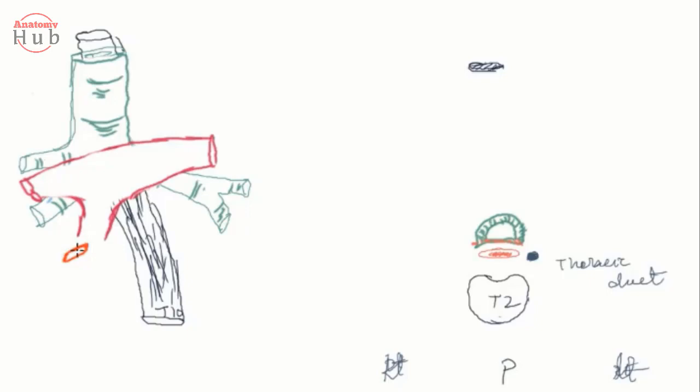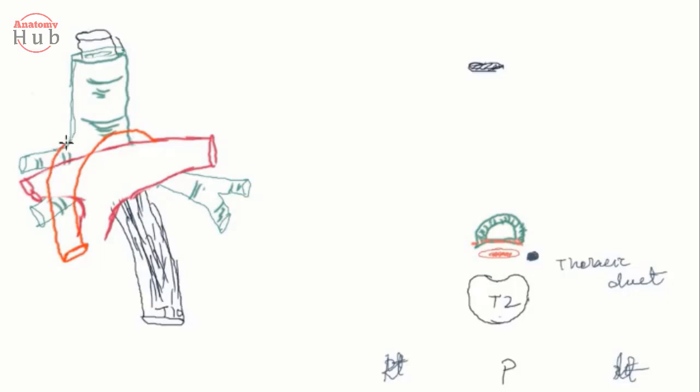And this ascending aorta ascends upward in this way, and it goes anterior to the right pulmonary artery.